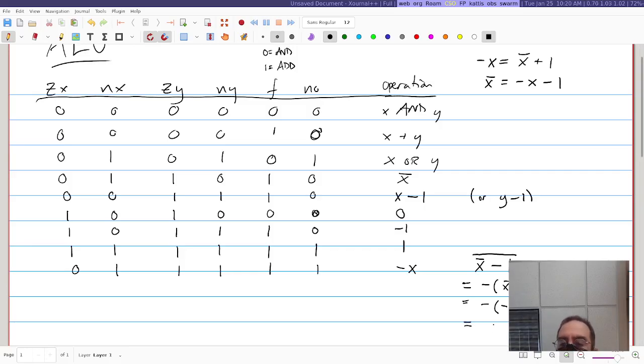Which is x plus 1? Right, this is x plus 2 inside here, but when I negate it, then minus 1. Well, that's a useful thing. It's not negative, but we want that. Incrementing something is a very useful thing, so, okay, cool.